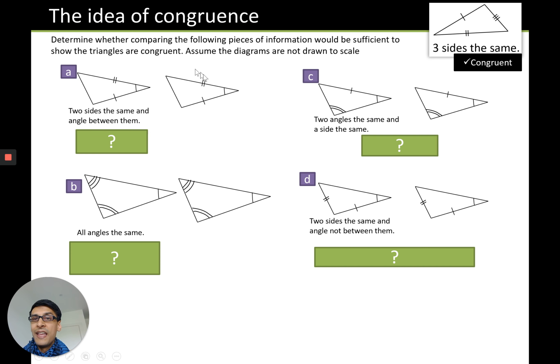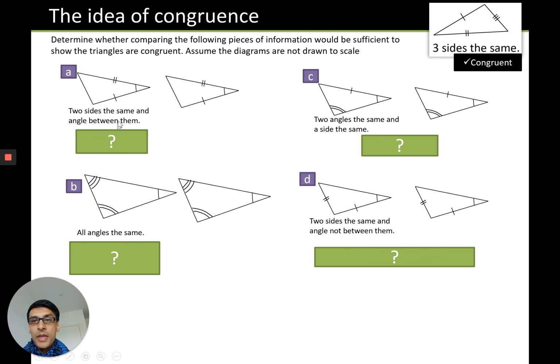Now, question A. Normally in a class, I'd get you to discuss this in pairs and make it more interactive, but we have to do this over a video, so I'll talk you through it. Let's say we have two triangles. The two side lengths are the same and the angle between them is also the same, as you can see labeled.